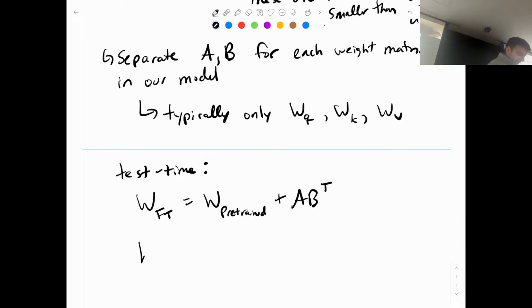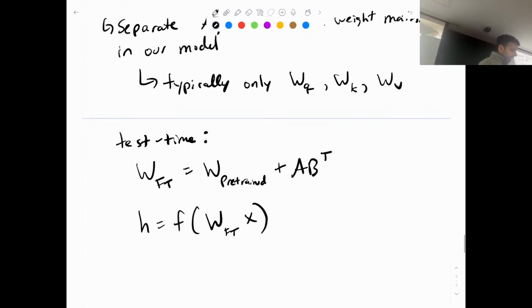And then to do forward propagation at test time, we are just going to use this fine-tuned WFT, which we obtain by adding our LoRA parameters to the pre-trained weights.